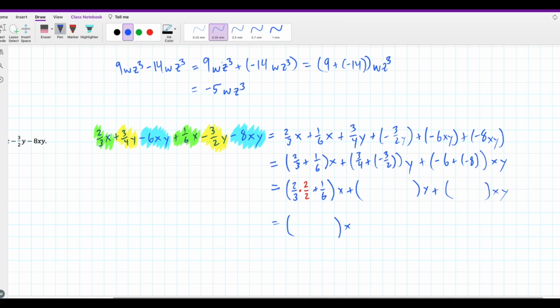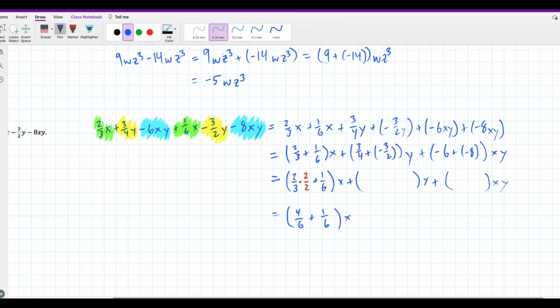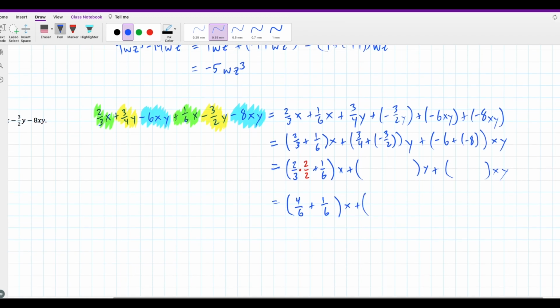If you want to deal with the entire row here, that's fine too. Okay, 2 times 2 is 4, 3 times 2 is 6. That's the reason I multiplied by 2/2. I can multiply by 2/2 because 2/2 equals 1. Okay, and then finally we have 4/6 plus 1/6 is 5/6.